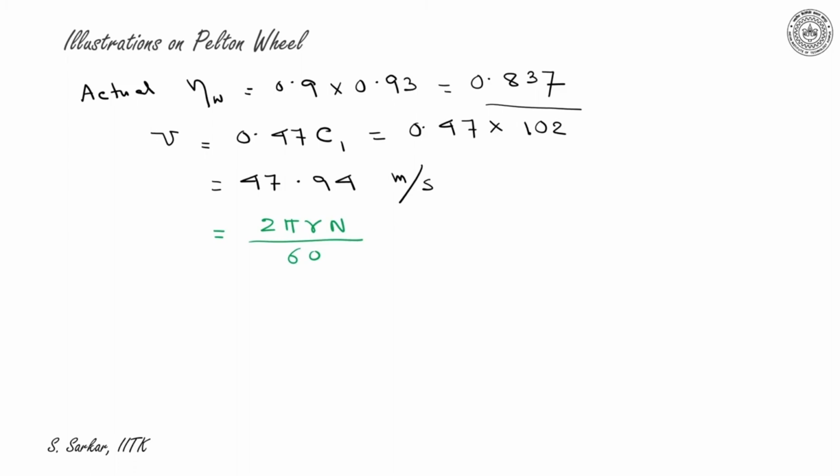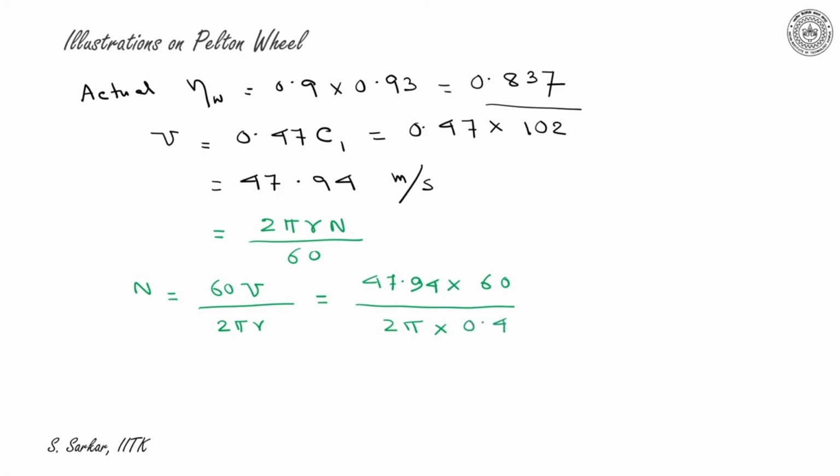So from here I can evaluate N. N is equal to 60U divided by 2πR, which is 47.94 into 60 divided by 2π into R, where R is 0.45 meter.